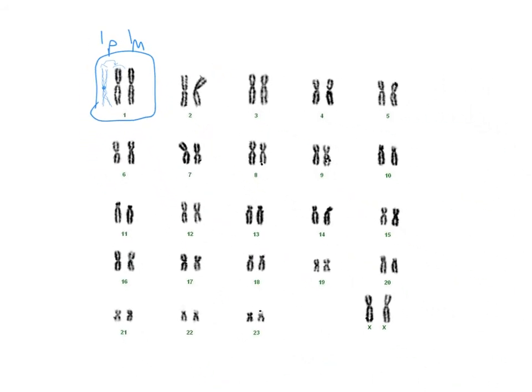So that's 4 molecules of DNA, 4 double helices. And there I'm circling another 2 double helices. So anytime you see something that we think is a chromosome, it's 2 double helices.